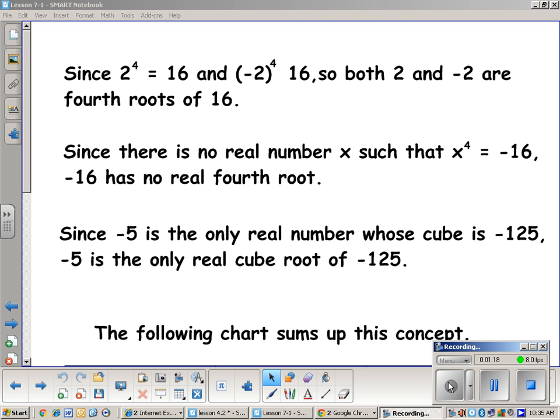Since 2 to the 4th is equal to 16 and negative 2 to the 4th is equal to 16, both 2 and negative 2 are 4th roots of 16. Since there's no real number x such that x to the 4th is equal to negative 16, negative 16 has no real 4th root.